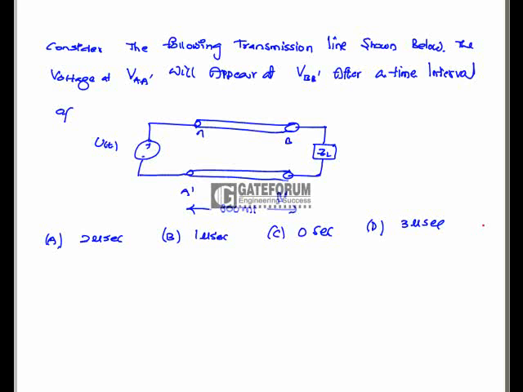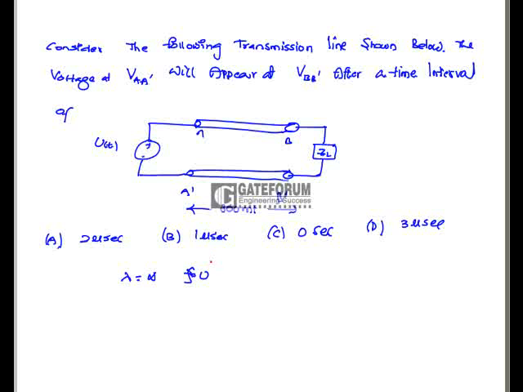For the following transmission line shown below, the voltage at AA' will appear at BB' after a time interval of what? See here, this is the DC signal, that is u(t). Here the length is 300 meters. That is, lambda is equal to infinity, because frequency is 0 for u(t).